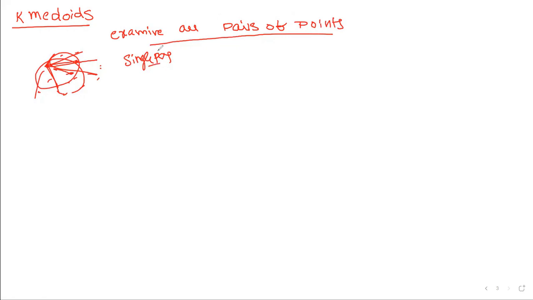Okay, now this is the k-medoid algorithm. The procedure is completely the same. I will explain the algorithm. What is the input here? Simply the input is data from the instance space, and the number of clusters k.